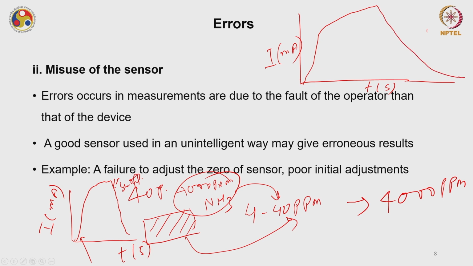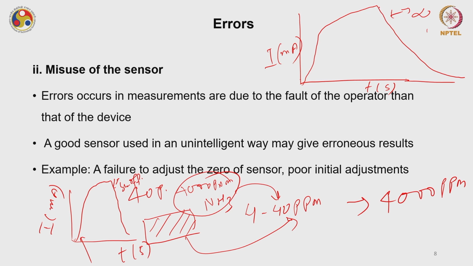When you expose it to 4000 ppm of ammonia, the maximum will not be achieved immediately. Apart from physisorption or weak chemisorption, there will be some strong chemisorption because of the presence of a very high concentration of this analyte, in this case ammonia. So it is going to saturate at some very high time, say t approaching infinity.